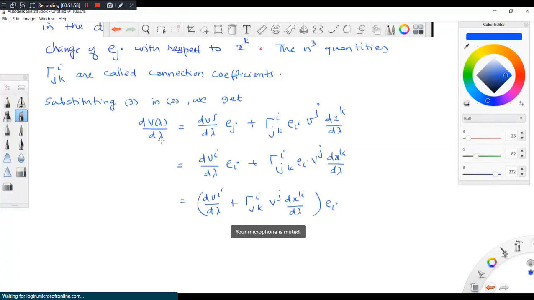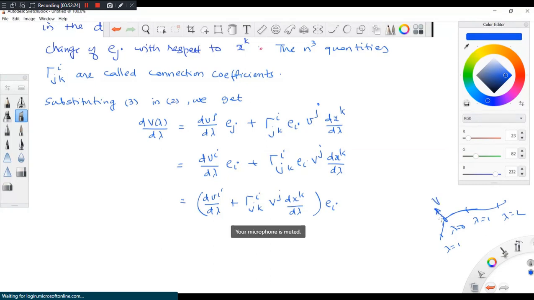That means while you move along this curve, suppose I take lambda equal to 0, then when I reach here lambda may be 1, here lambda may be 2, and if you go backward, lambda may be -1, etc. So when lambda changes, I move along the curve.